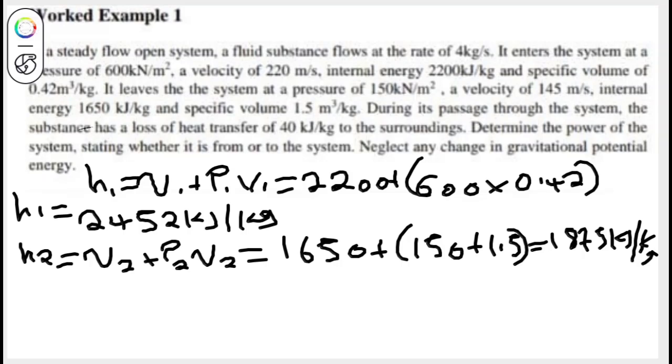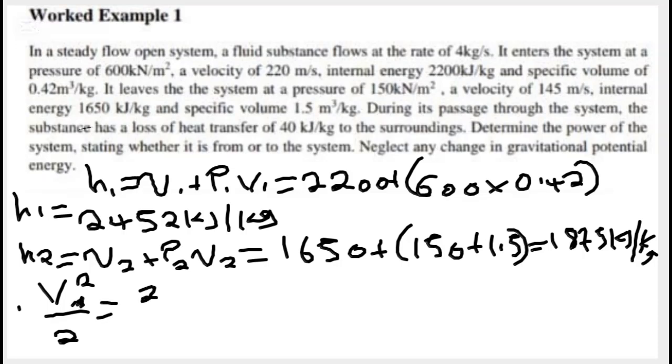So the next thing that I'm going to do, for the kinetic energy change, I have to convert to kilojoule per kg. So I have V1 squared by 2. So V1 is 220, divided by 2, but I have to put in squared.